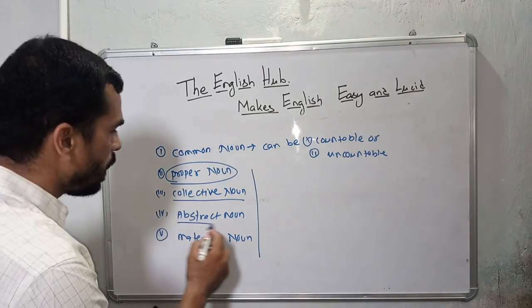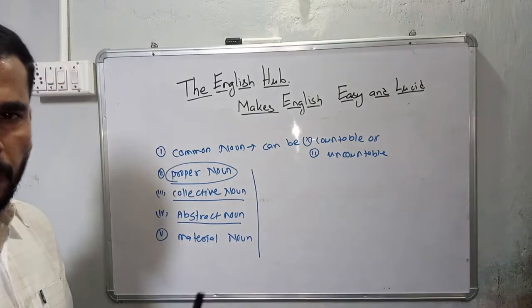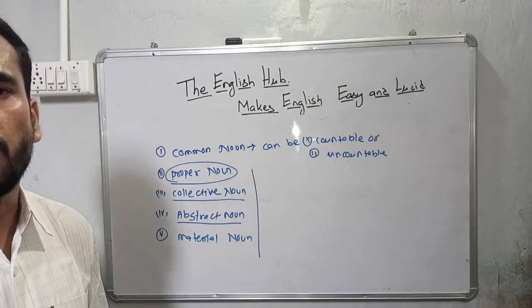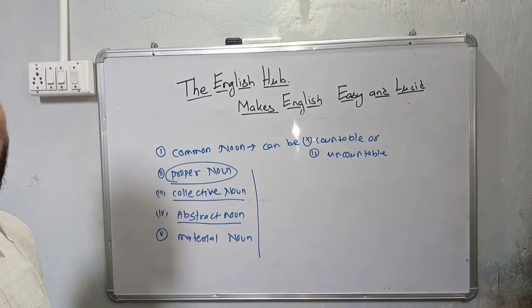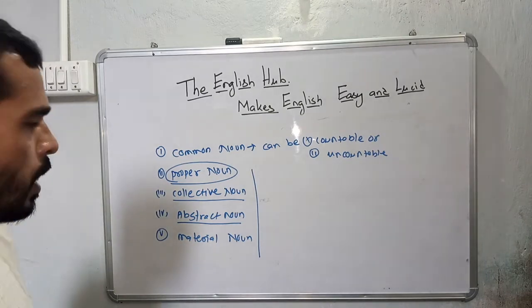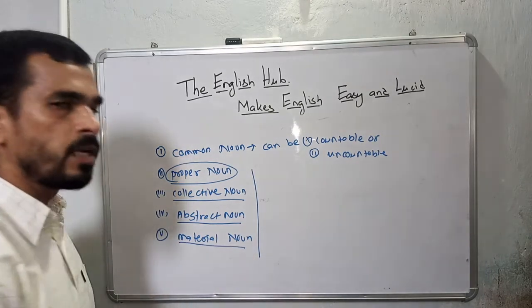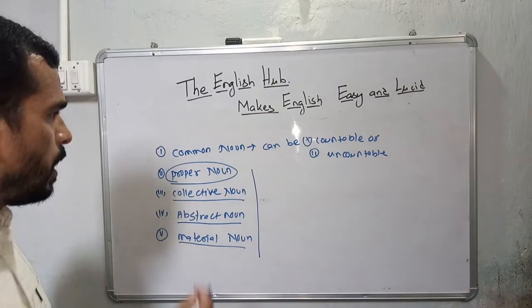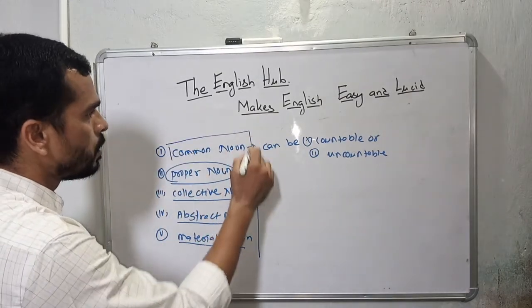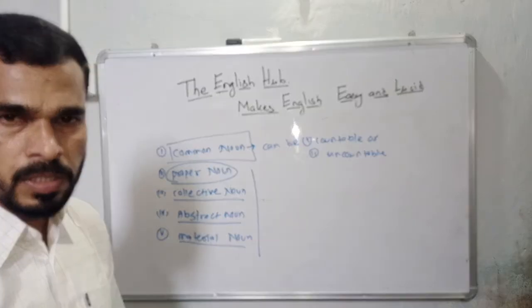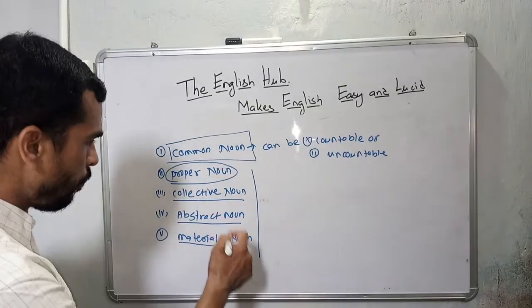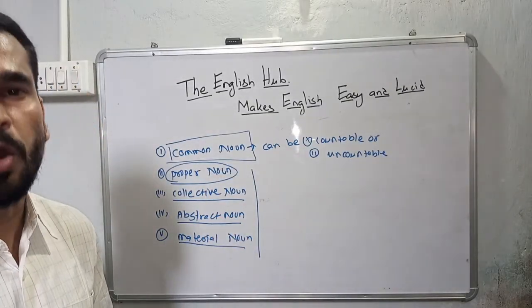And abstract noun has no shape and size, so it cannot be countable, uncountable. Most of the abstract nouns are uncountables. And material nouns, they are also uncountables. It means that only common nouns can be countables or uncountables, and remaining 4 types of noun, most of them are uncountables.